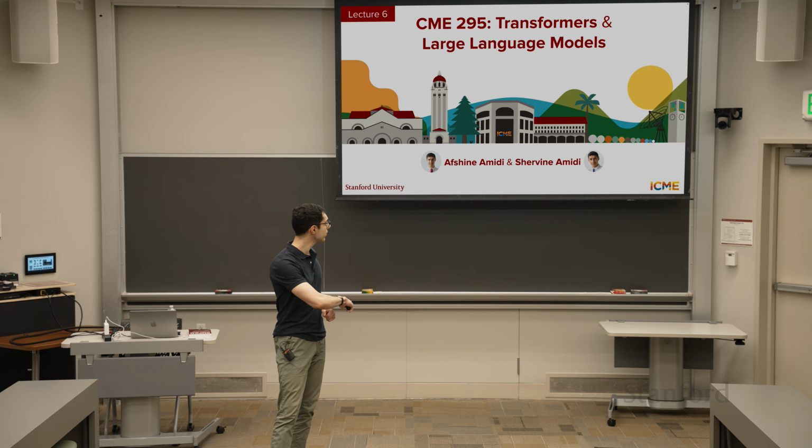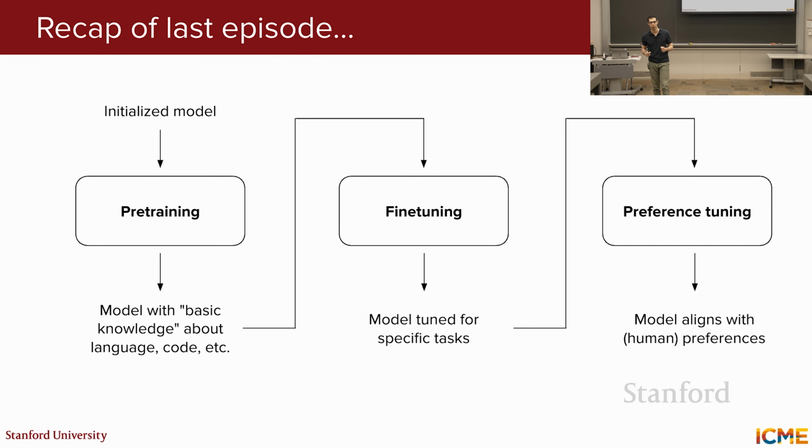So before we start, as usual, we're going to just cover quickly what we saw in the last lecture. If you remember, lecture 4 and lecture 5 were all about learning how we can train a model.